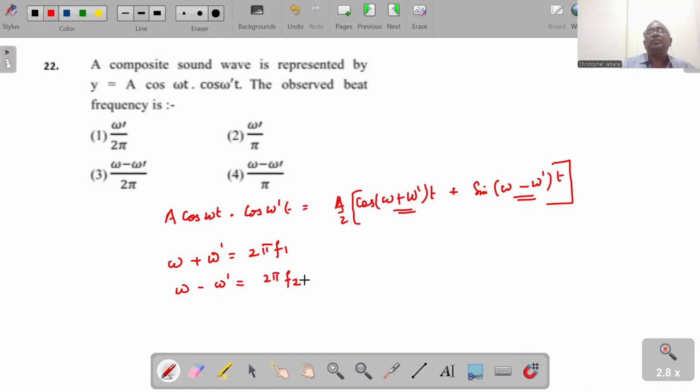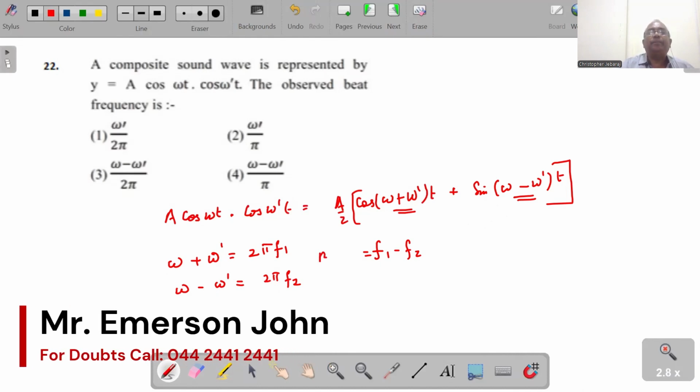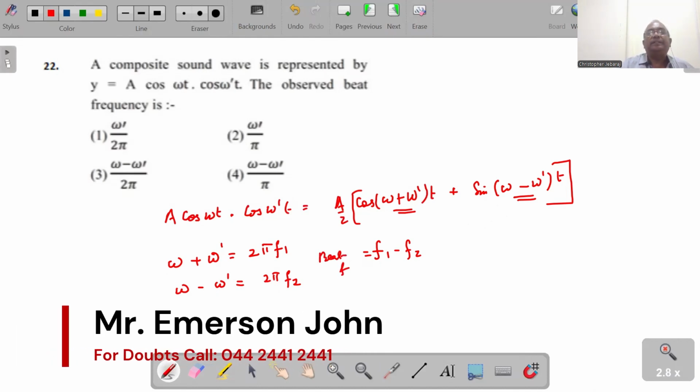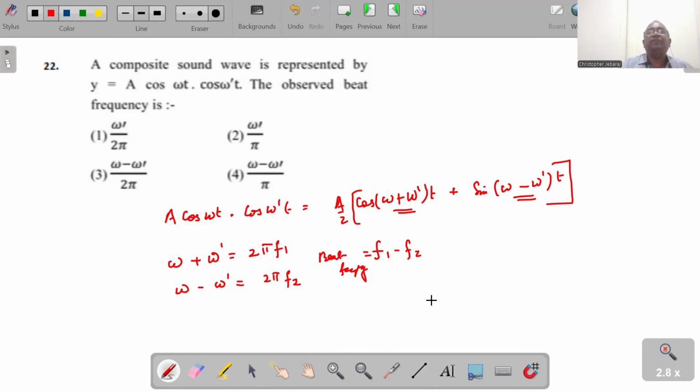So you need not worry about the sine or cos function. Anyway, this is angular frequency. So we want to find f1 minus f2. This is called the beat frequency, which is the difference of frequencies. F1 is nothing but omega plus omega dash by 2 pi.